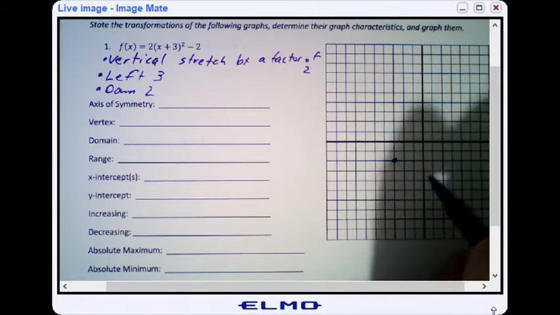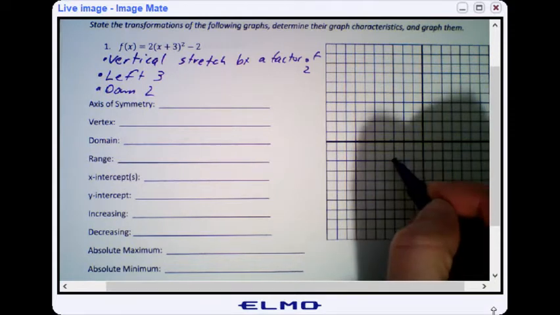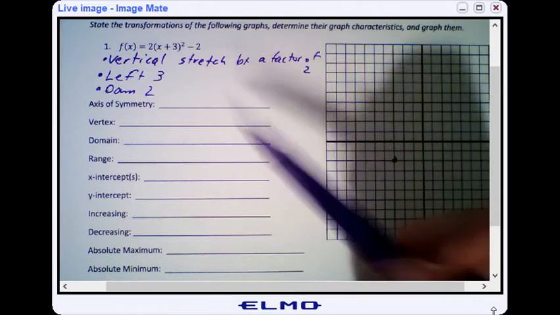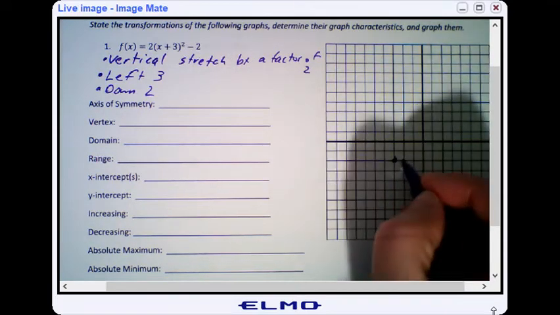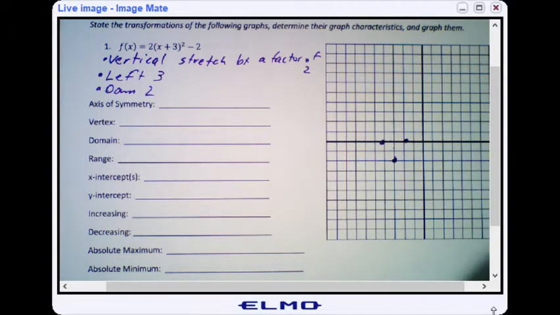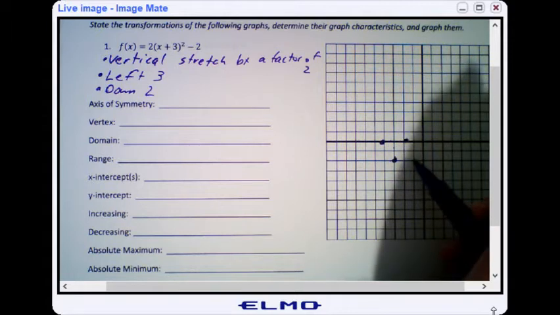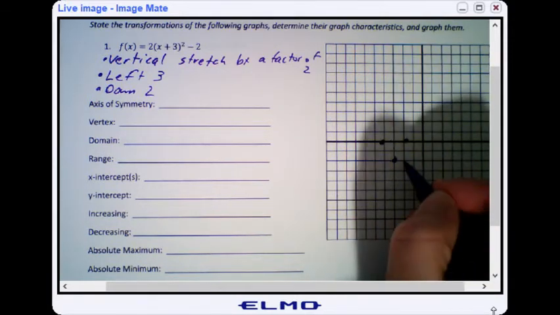Most of the time, if I don't have a vertical stretch or shrink, from the vertex, I go up 1, right 1, up 1, left 1. However, because I have a vertical stretch of 2, I'm going to go over 1 and then up 2 instead on each side because it's symmetrical. And again, most of the time with quadratics, I go over 2 and up 4, but this time I'm going to go over 2 and up 8 from the vertex.